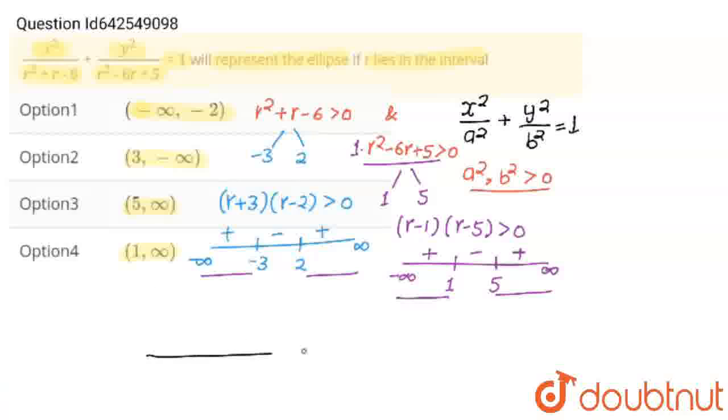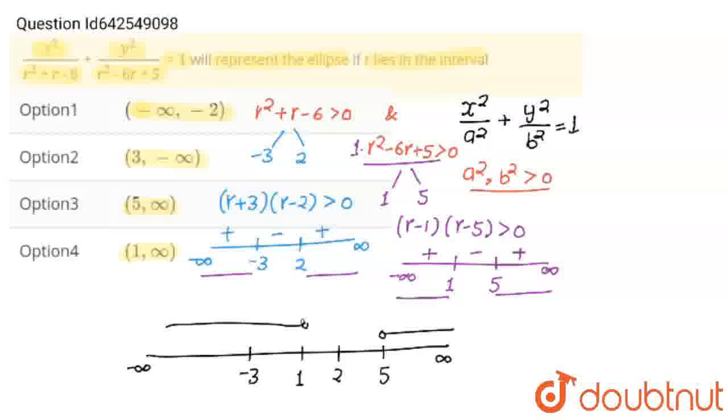Now I am going to draw a number line and take the intersection of both, between minus infinity and infinity. Here I will take minus 3, here 2, here 1, and here 5. So this is 5 to infinity, and here it is minus infinity to 1.